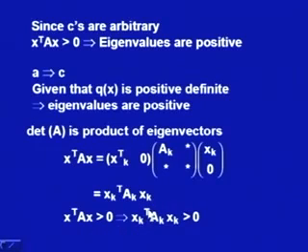So xk transpose AK xk is positive, provided determinant of AK is positive. This means the submatrix AK has positive determinant. But what is AK? AK is a submatrix of A, and this can be any order matrix. It can be order 1, order 2, order 3, and so on.